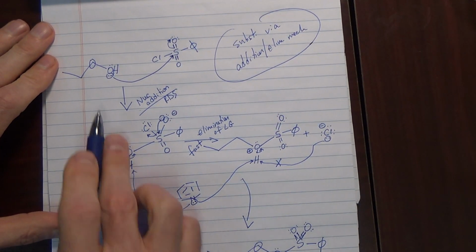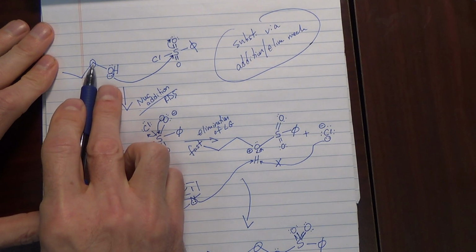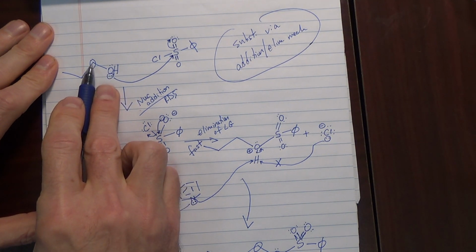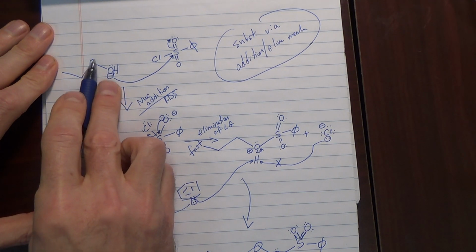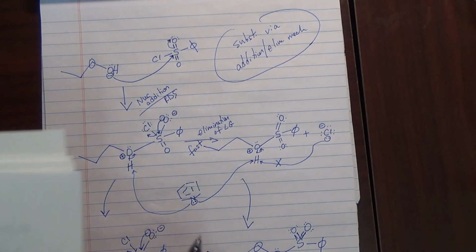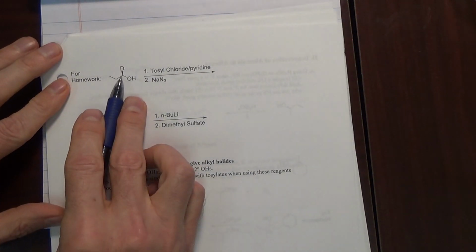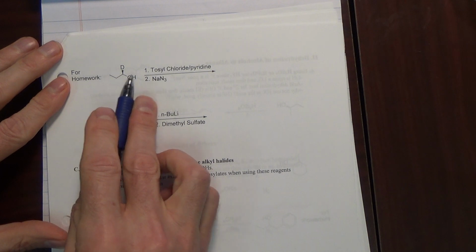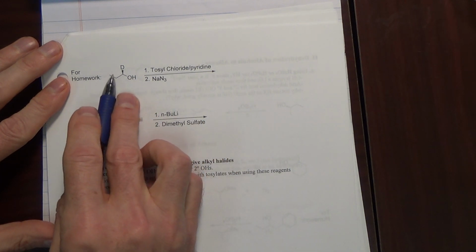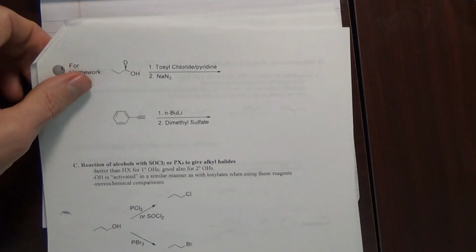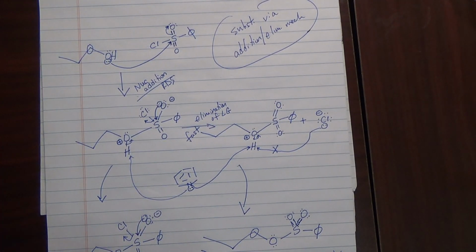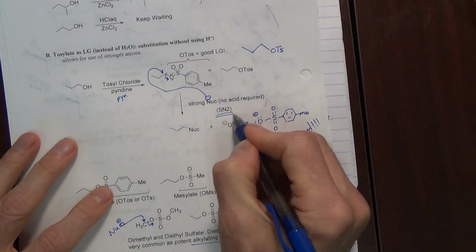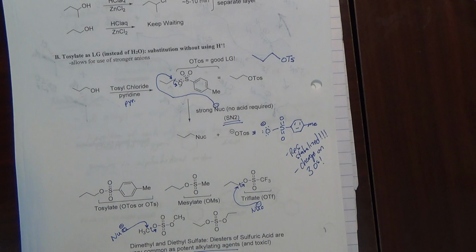Whenever you make your tosylate, there's no chemistry done at the carbon that the OH is on. And so you would have no change in stereochemistry there. In this case, the carbon that the OH is on is chiral. When you make your tosylate, no change in stereochemistry. But of course, when we do an SN2, we know SN2 comes with inversion, like Big Mac comes with fries.